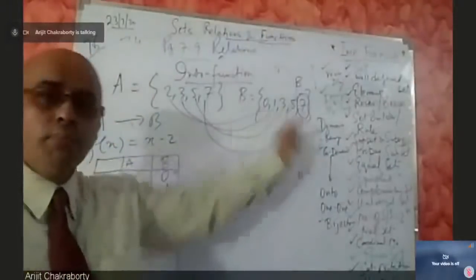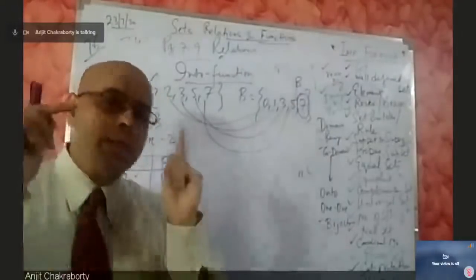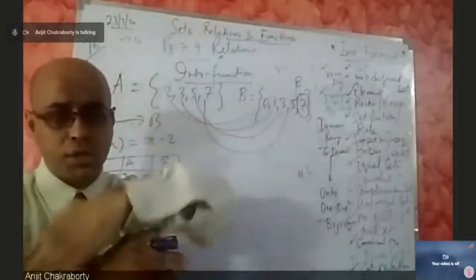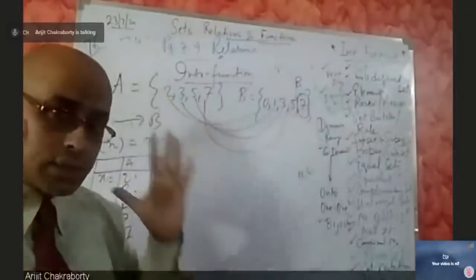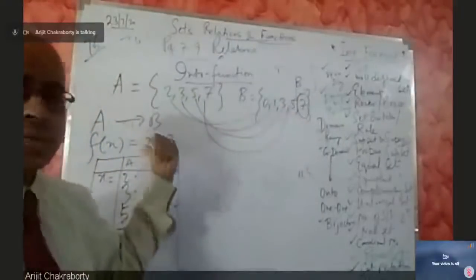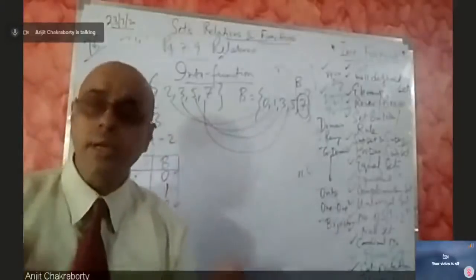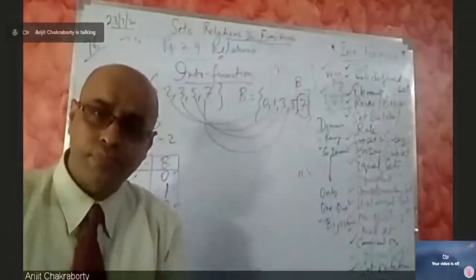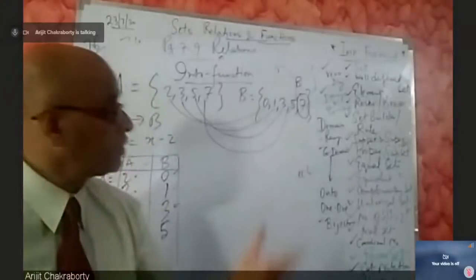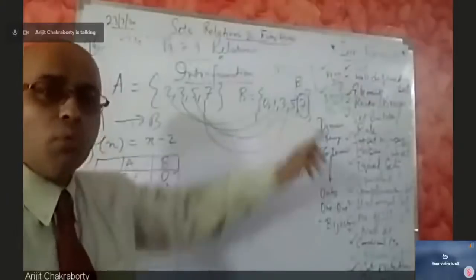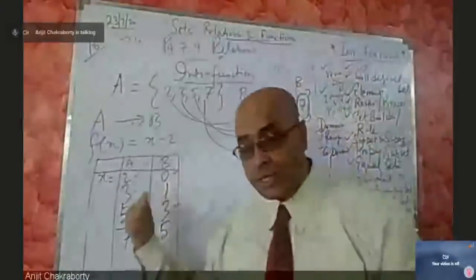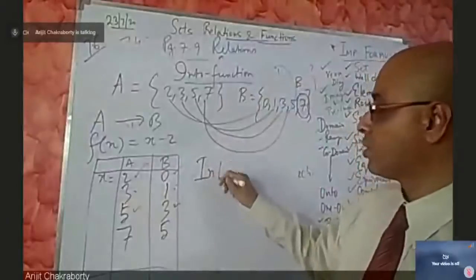So you have a number in set B which has no pre-image in set A. In case of onto function, I told you that if every element of set B has at least one pre-image in set A, it's an onto function, also called surjective function. And this is an into function. Why into function? Because there is a number 7 in set B which has absolutely no pre-image in set A. So this is an example of into function.